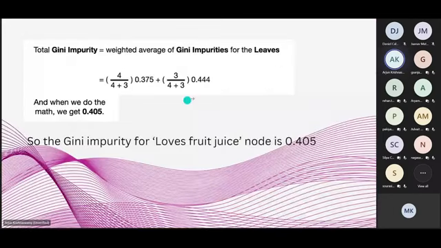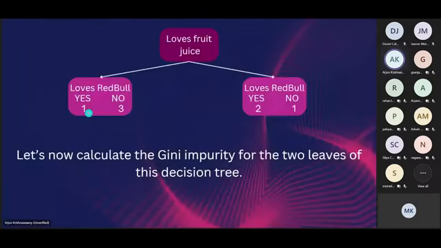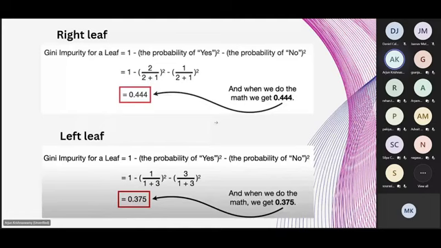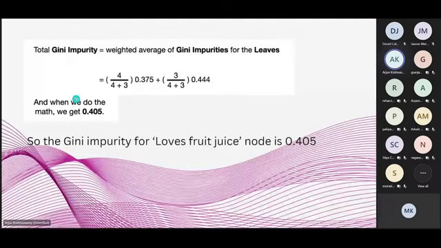These are the weights of these particular leaf nodes. Again, we get the weights through 1 plus 3 by the total number of data points, which is 7, and 2 plus 1 by the total number of data points, which is 7. Those are the two weights that give the weighted average. So finally, when we perform the calculation, we get 0.405, which is the Gini impurity of this split.